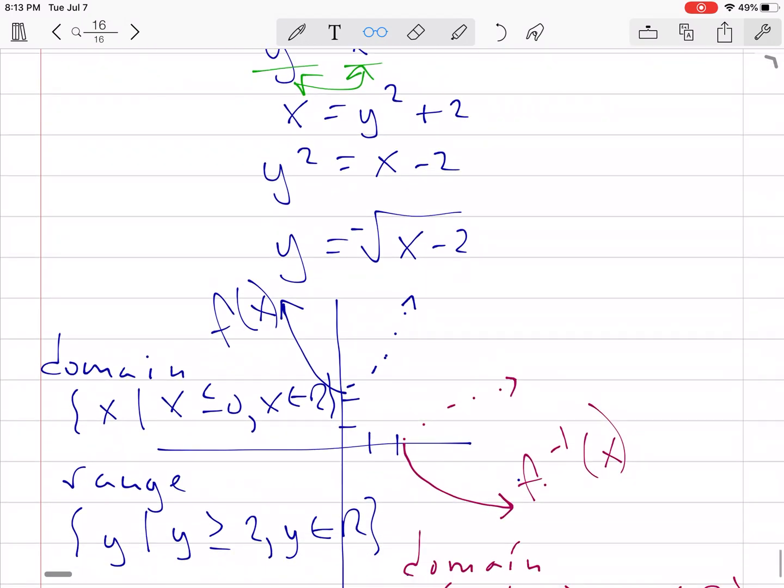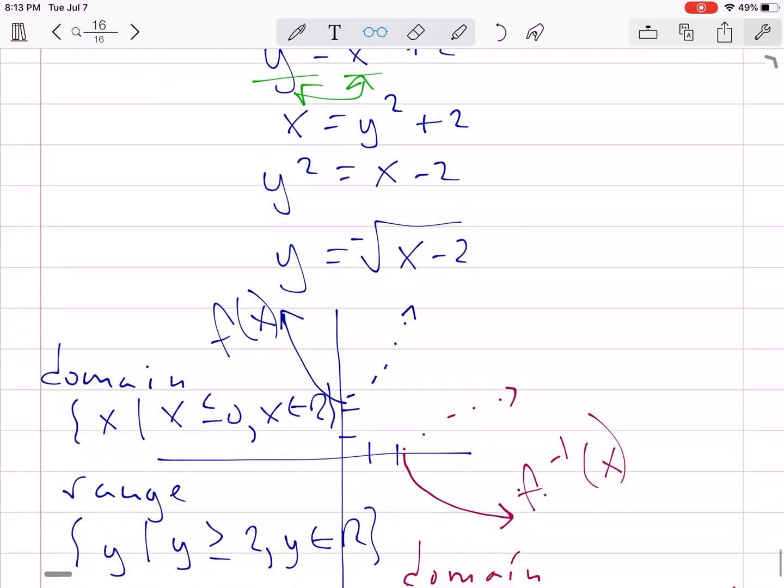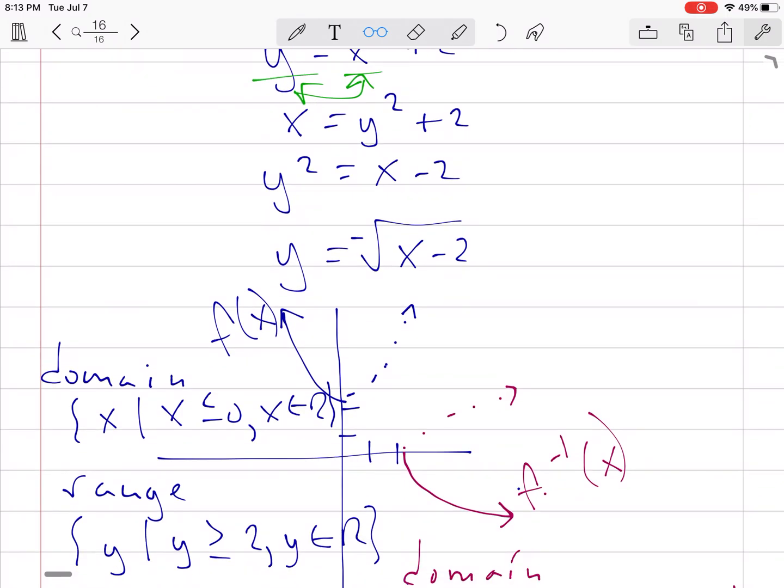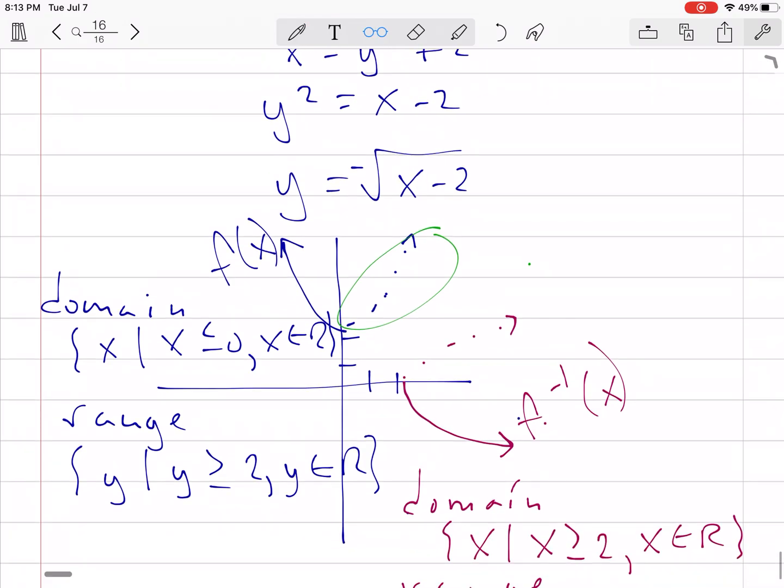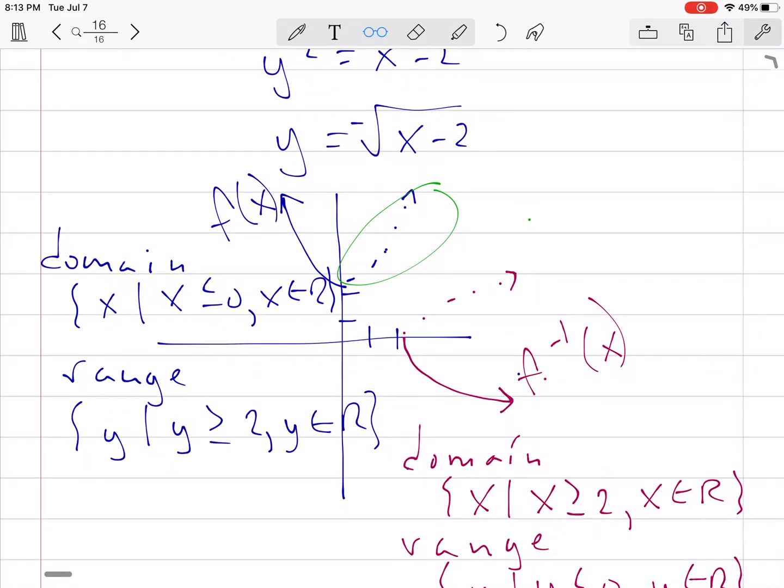Now, when you graph the original function, it should be a parabola, but because x is less than or equal to 0, this part here doesn't show up. That's why you only see the left side. And then what you're doing is taking the inverse of the left side. Basically what this negative is saying in the equation is that it's below the x-axis.